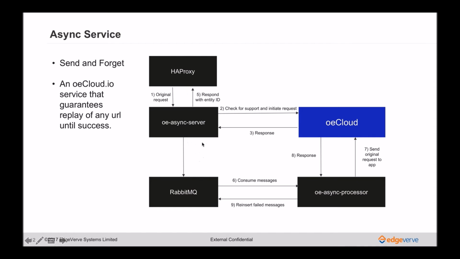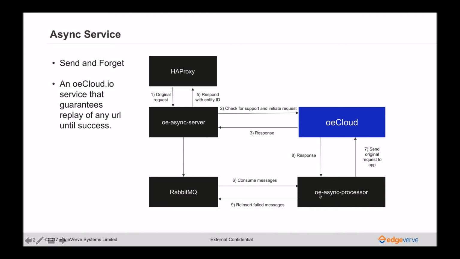Now, internally, inside this async server, it will post the request to the queue, and again, all configurable time-wise, how often something comes off the queue, we have a queue reader, or async processor, reading off the queue, and number 6 consumes the messages, and then sends the original URL to the particular service that will service it, and looks for the response.